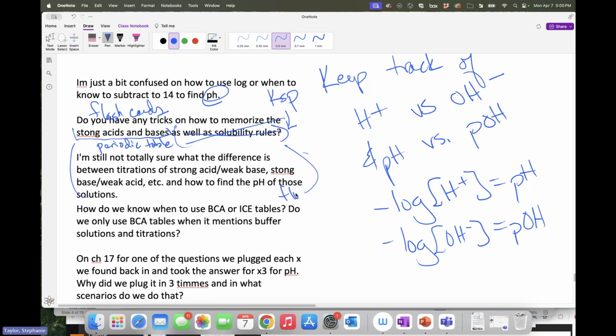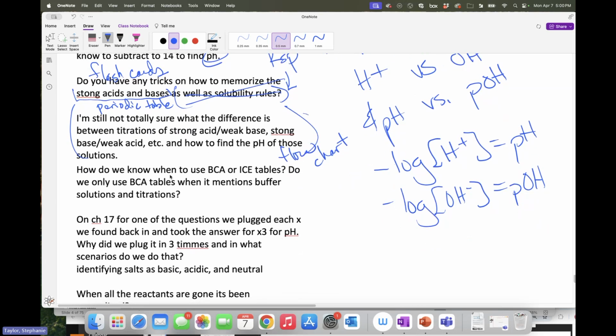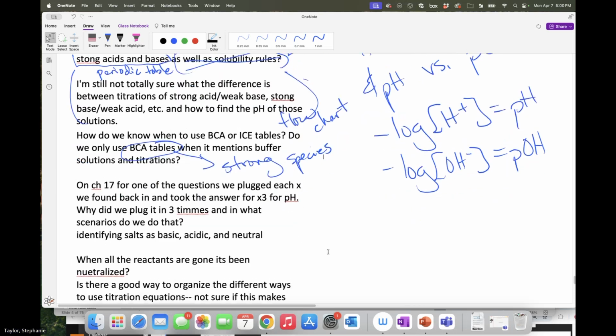I think we made a flowchart for this, so I think that I answered that question as well. BCA or ice tables, I think we answered this question as well. So BCA is when you have a strong species, whether that's a strong acid or a strong base, that's when you're going to use a BCA table.